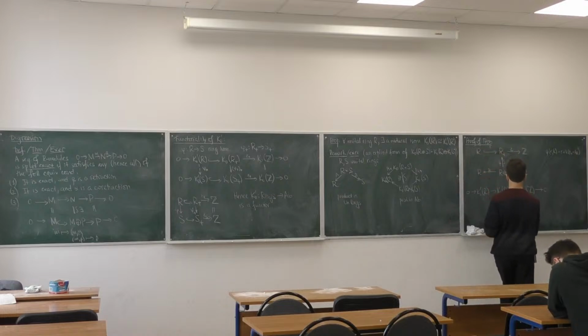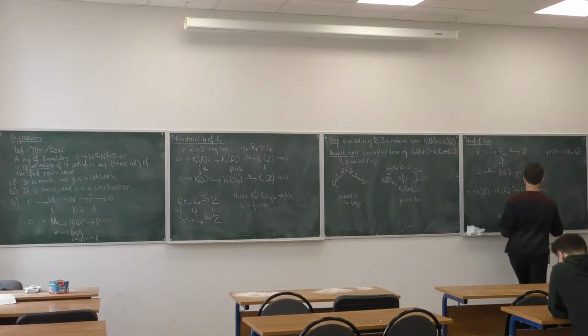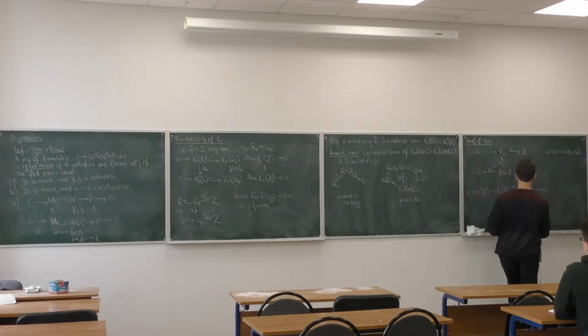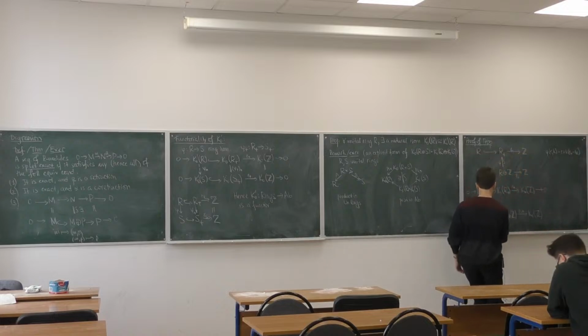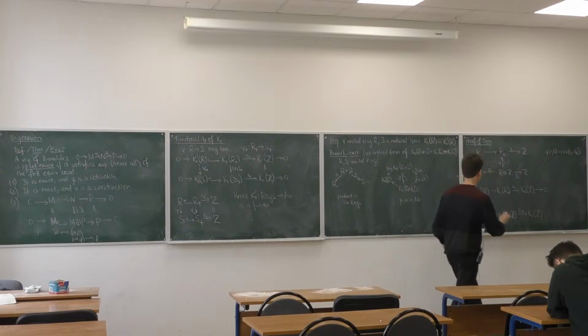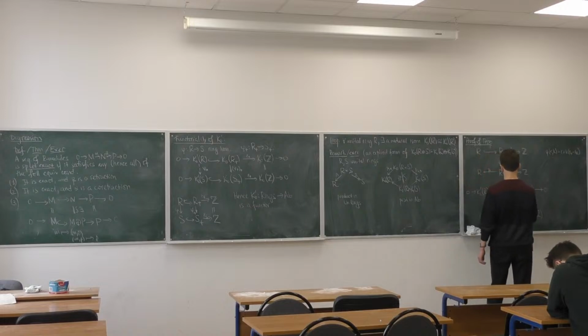Here we have K0 of R plus Z, K0 of Z, and the projection P2 star induced by the projection P2, and the projection induced by P1 onto K0 of R, P1 star. And here we have an isomorphism psi star.